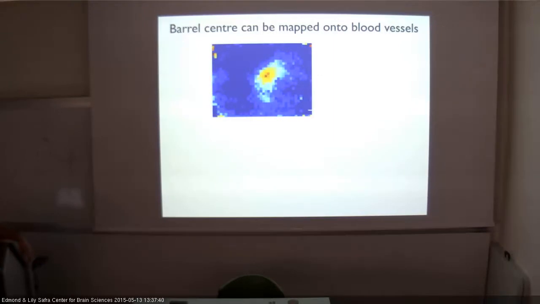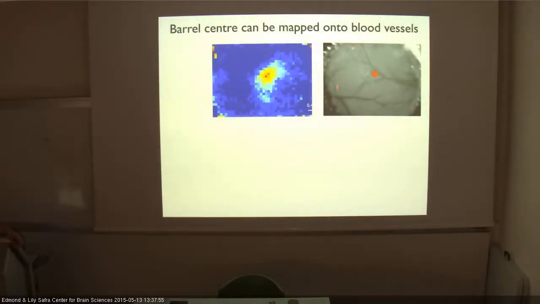Okay. So the barrel cortex is an example of why it is a nice system to study, because for example, what you can do, you can look at the skull from above, take a picture, say with green light, and then you see very clearly all the blood vessels, and now we can stimulate.